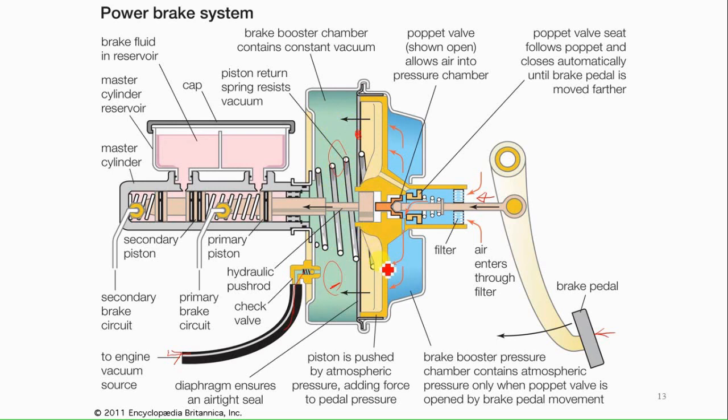On the other side of this diaphragm there is a chamber, and that chamber is exposed to atmospheric air. So when the brakes are applied, air enters into this particular chamber. As a result, with air on this side and vacuum on this side, a pressure difference is created.